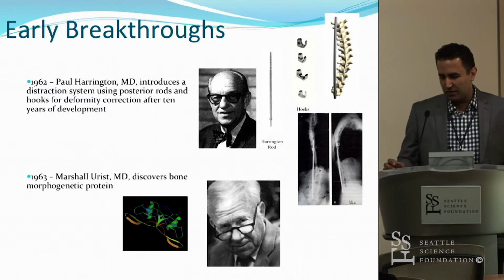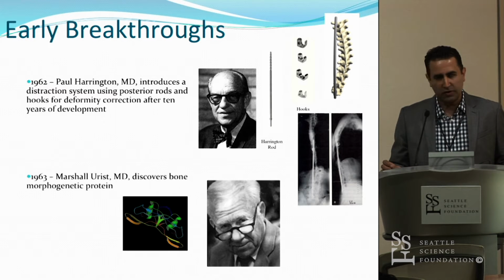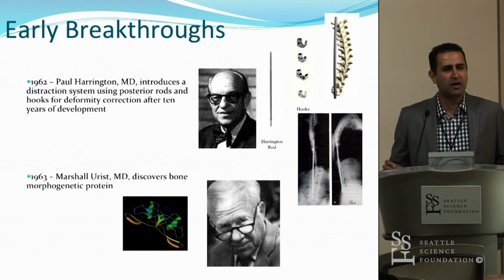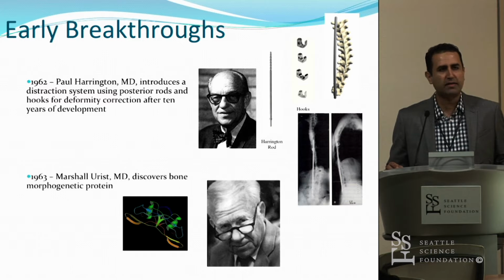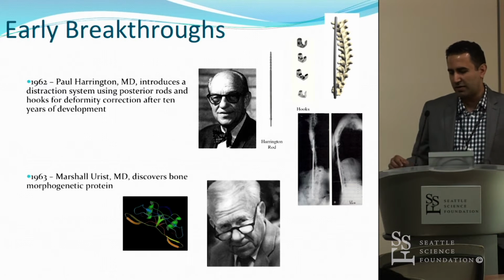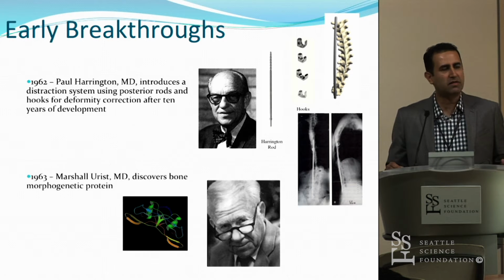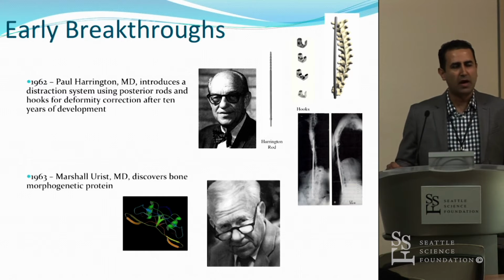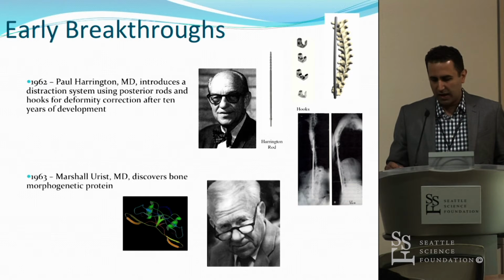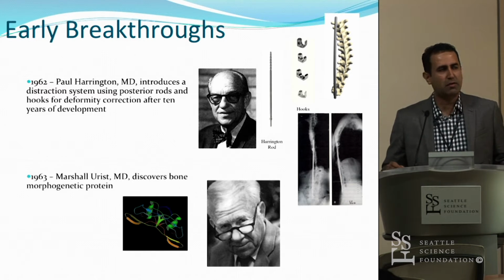Urist was highly important to all of this because he discovered BMP, which has had a very significant impact on our spinal work. It's gone through ups and downs with respect to its applicability, but nonetheless, it's been extremely important in terms of its value for adding on and stabilizing the corrections that we get through extending the fusion.